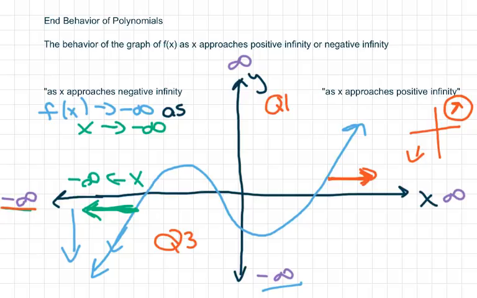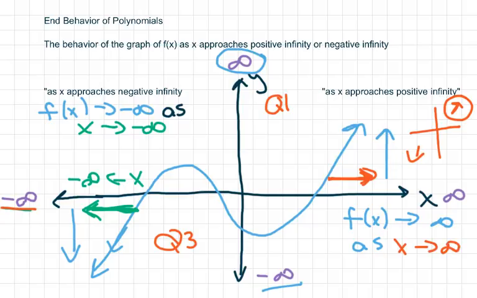So f of x, which equals y, is going up to infinity. This is how you write it: y goes to infinity as x approaches infinity. So remember, you're looking at the tail end of the graph.